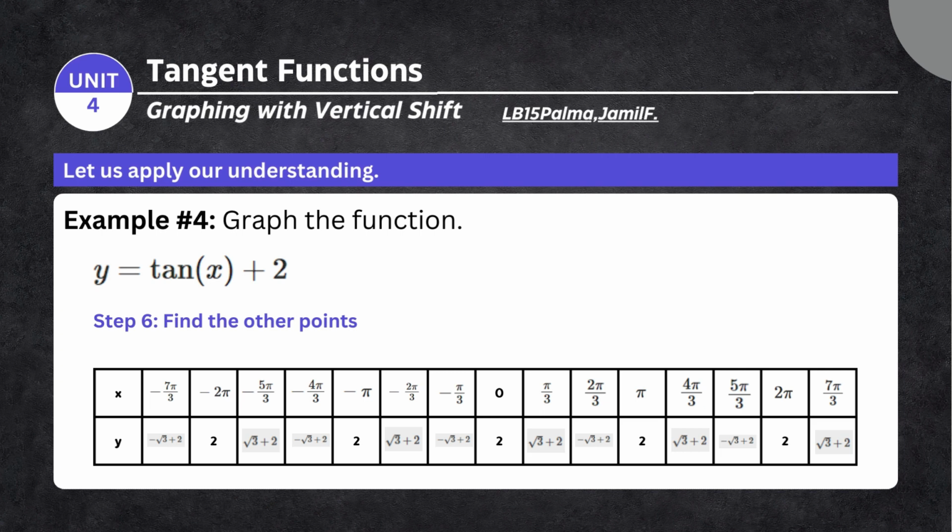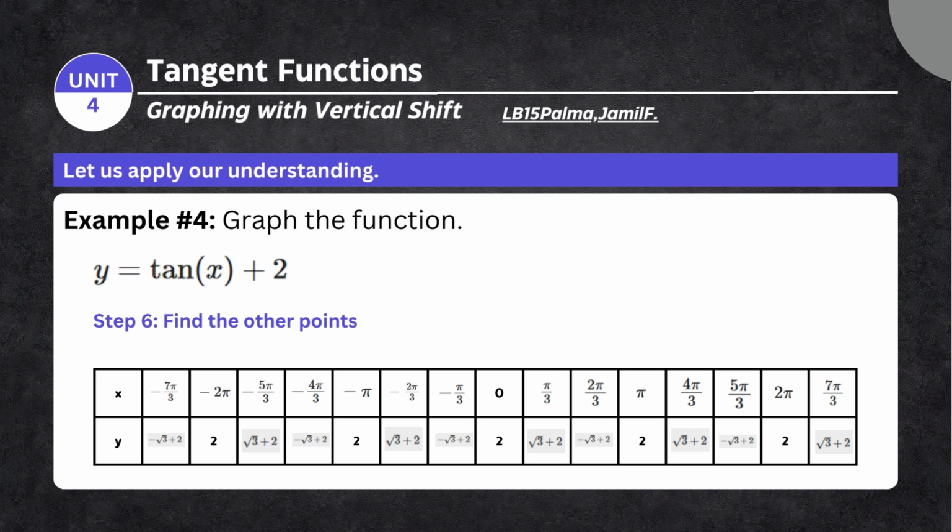If x is negative 4 pi over 3, y will be negative square root of 3 plus 2. If x is negative pi, y is equal to 2. If x is negative 2 pi over 3, y is equal to square root of 3 plus 2. If x is negative pi over 3, then y is negative square root of 3 plus 2. If x is equal to 0, y is equal to 2.